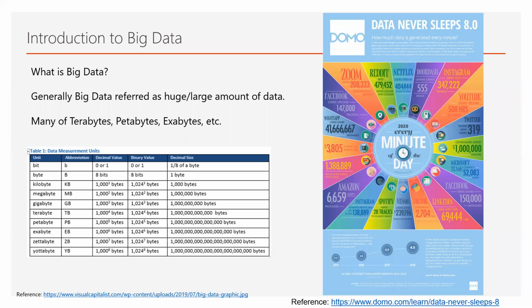Basically, big data generally refers to a large or huge amount of data, that is in layman's terms. If you want to measure data in terms of units, they range from bits to megabytes, gigabytes, and so on.